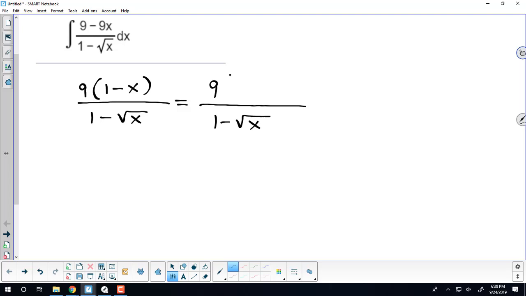But couldn't we say that 1 minus x is (1 minus root x) times (1 plus root x)? Isn't that kind of what we did when we used the conjugate?